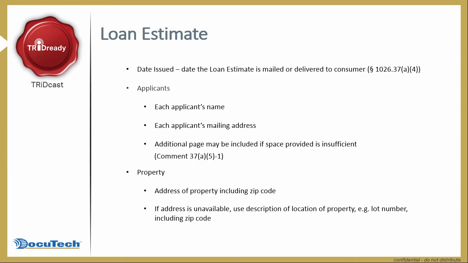What it would allow you to do is generate the form and put the date on there, the date that it was generated. And then if it was mailed, it would have the date that it was generated out of the system. If it was mailed or if it was delivered electronically, it would have that same date on there. Well, now you have to have a different date in the circumstance where you're waiting for a borrower to consent to electronic disclosure. It has to have the date that the document is generated.